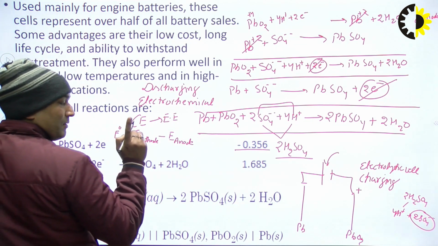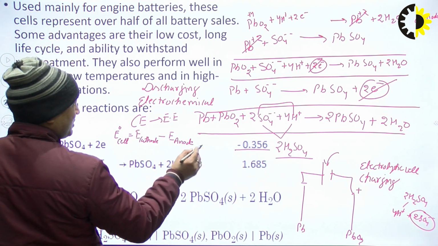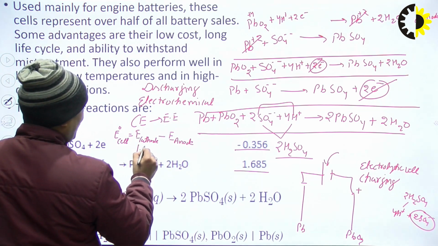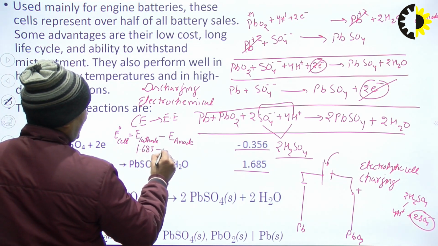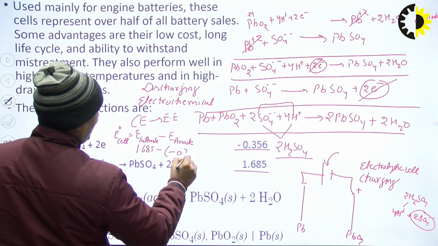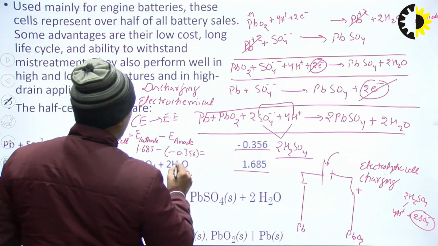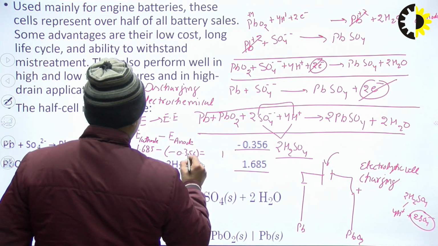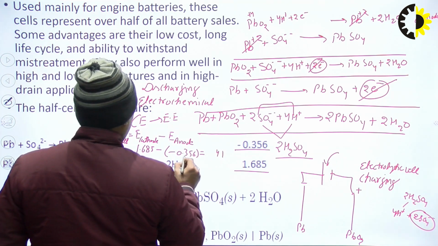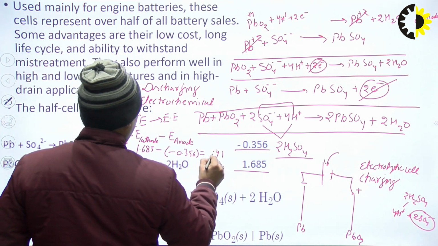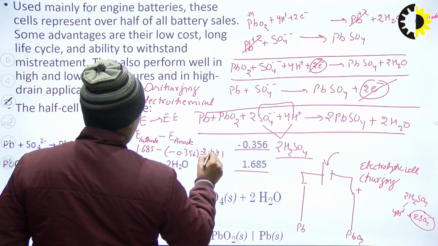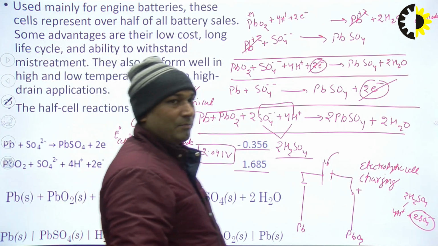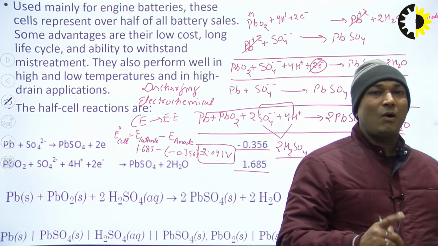In case of the electrochemical cell, it is basically 1.685 minus 0.356, and its value will become 2.041 volt.